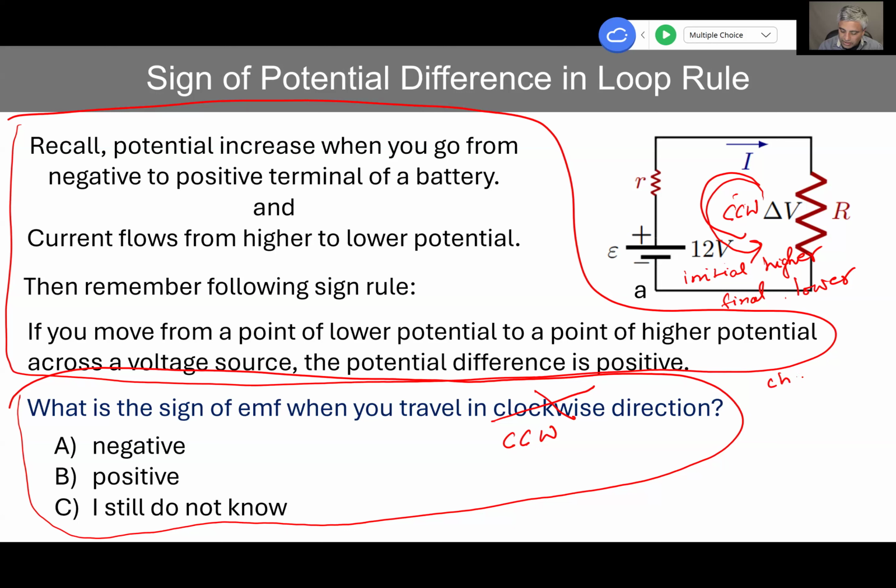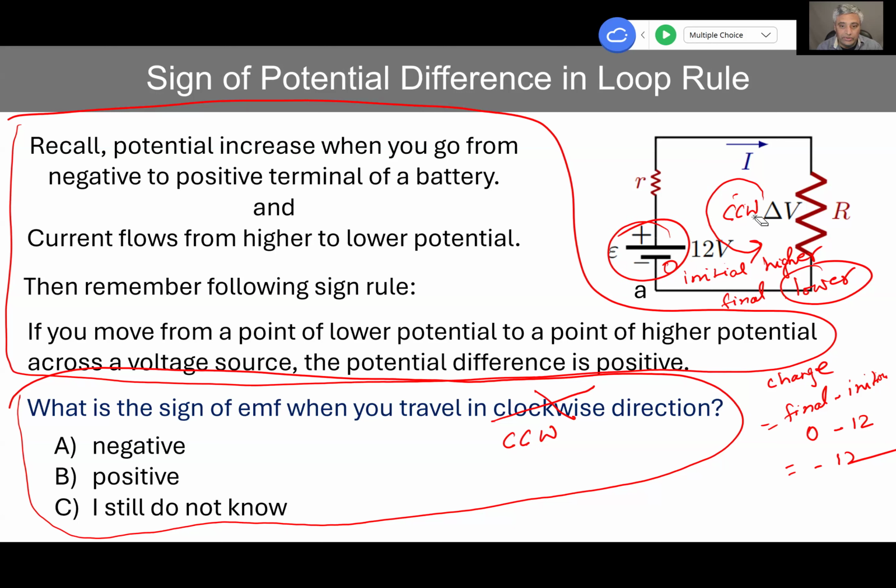And change means final minus initial. So final is lower. Let's say this is 0. So this is like 0 minus 12 gives you negative 12. Okay.